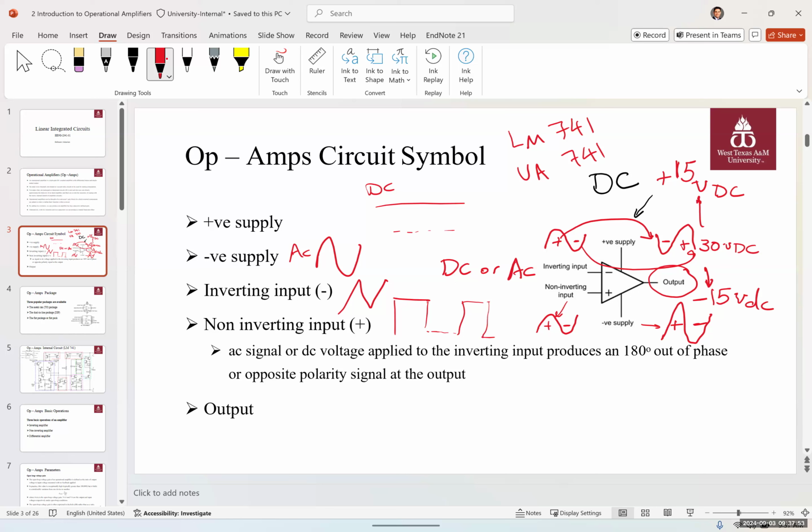The positive negative supply must be fixed at 15 volts or 9 volts. Usually the operational range is mentioned in their data sheet. And the input is the signal that we give to the system, like an audio signal or AC, a DC signal. And the output is obviously what we get from the op amp.